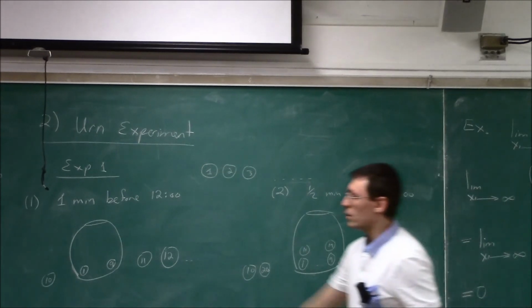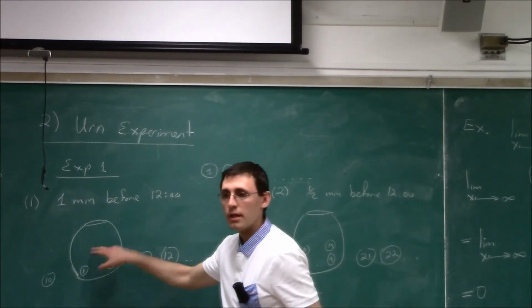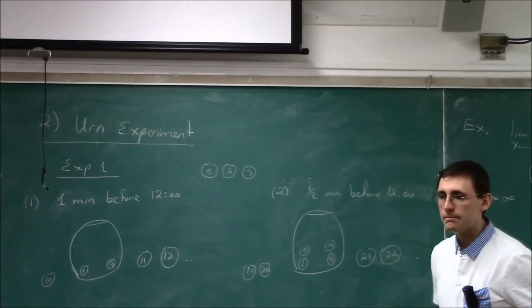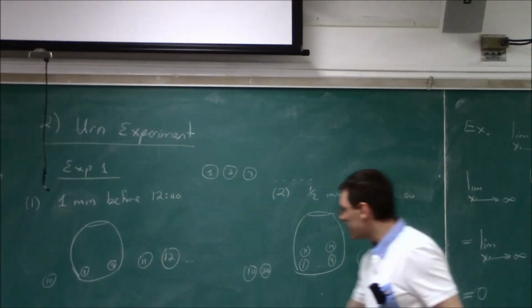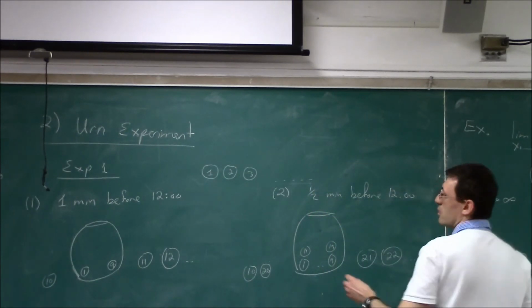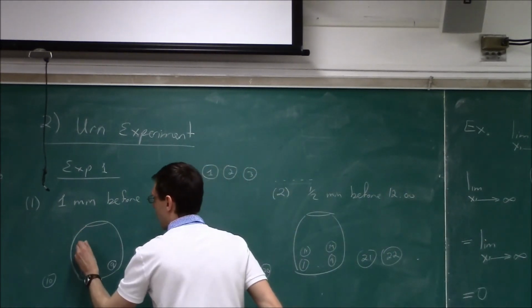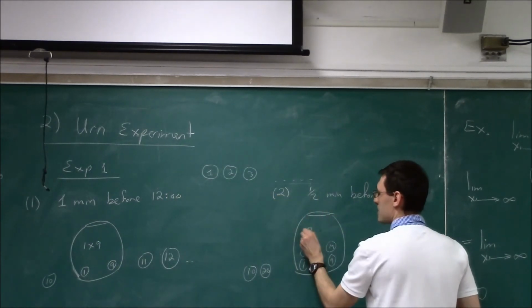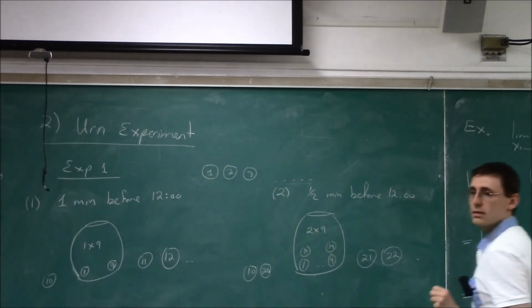How many balls 1 minute before 12? 9. And 1/2 minute before 12, how many? 18. Twice times 9, right? So procedure 1, 1 times 9. Procedure 2, twice times 9. Correct?